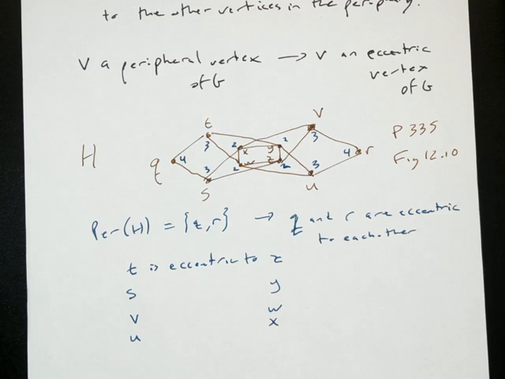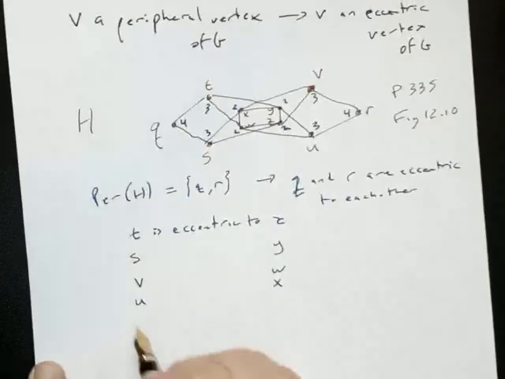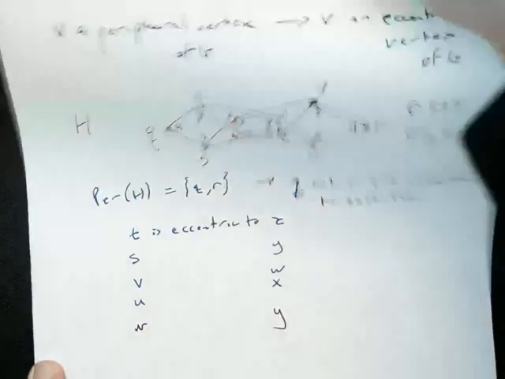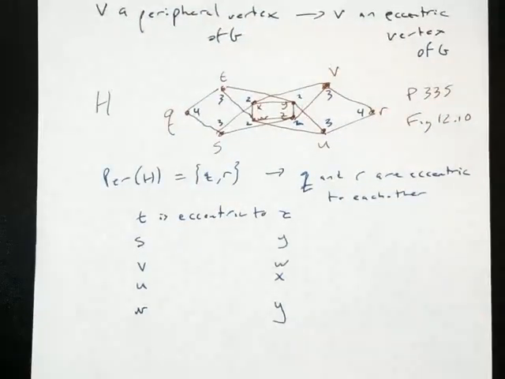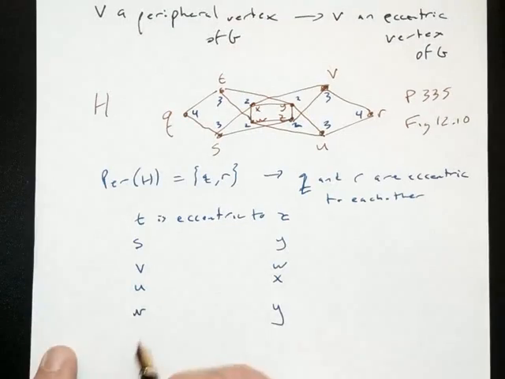What is something that it takes me 2 steps to get to W? Perfect. That means W is eccentric to Y. Okay, by symmetry, if W goes with Y, X is eccentric to Z, Y is eccentric to W, and Z is eccentric to X.